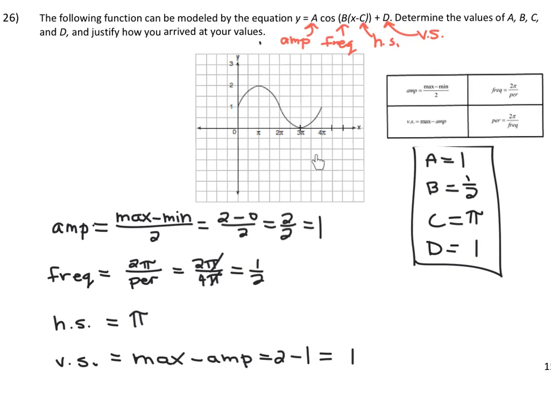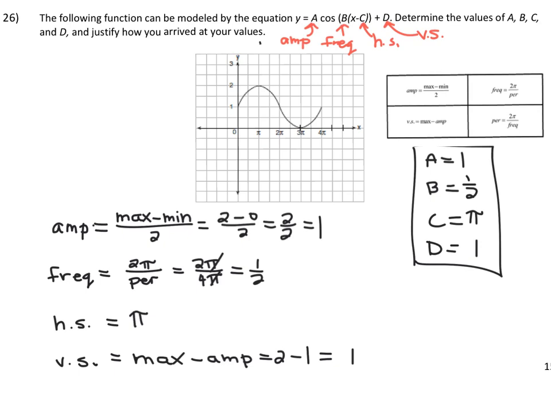So basically, any sine curve can be rewritten as a cosine equation. You could write any sine equation as a cosine equation and any cosine equation as a sine equation. Now think about it. Isn't the amplitude from number 26 the same as the amplitude from 25? Isn't the frequency from number 26 the same as the frequency from number 25? And isn't the vertical shift from number 26 the same as the vertical shift from number 25?